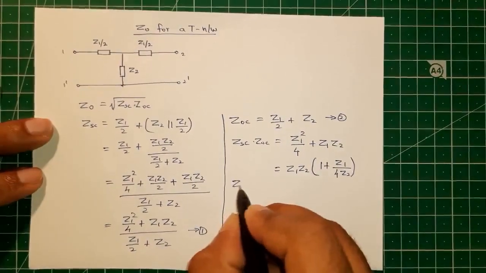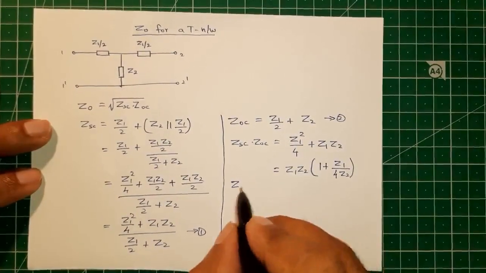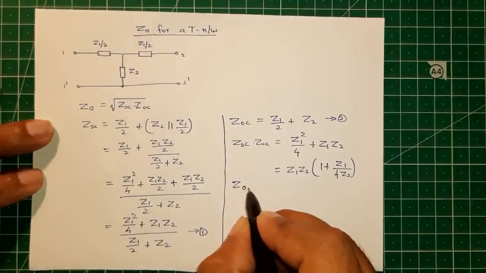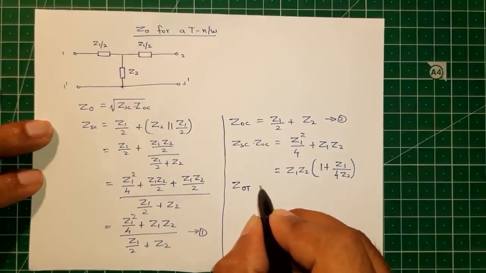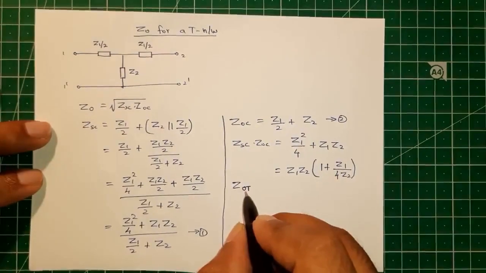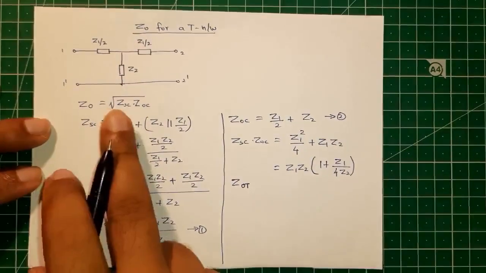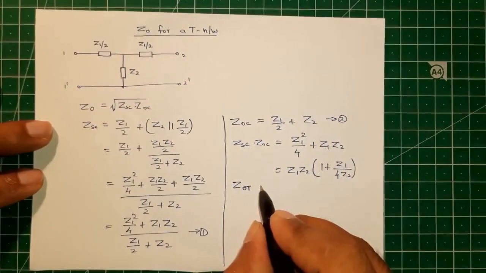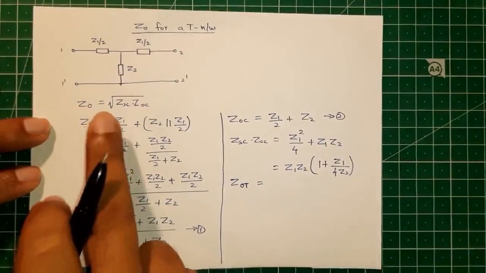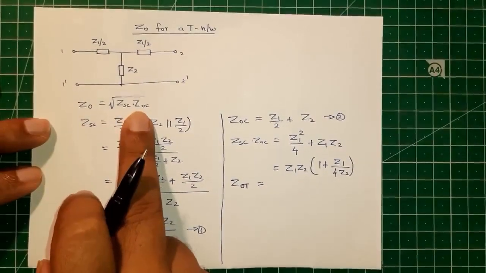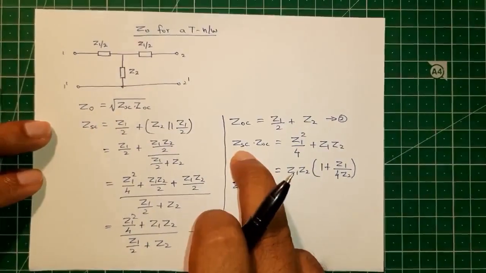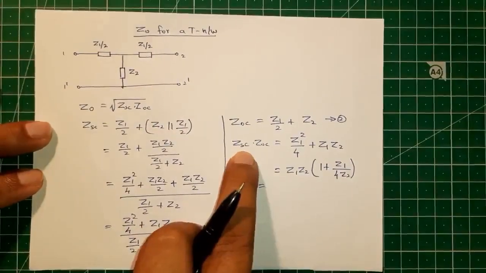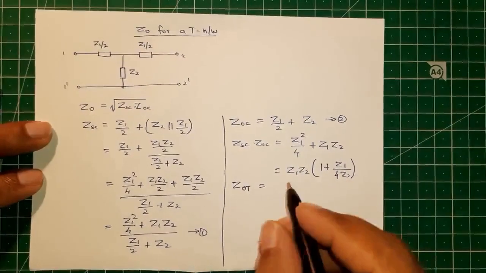So what is our characteristic impedance for this T network? Z0T, because this is the characteristic impedance for a T network. That is equal to square root of ZSC into ZOC. This is a general expression. So for this particular T network, we have ZSC into ZOC equal to this quantity.